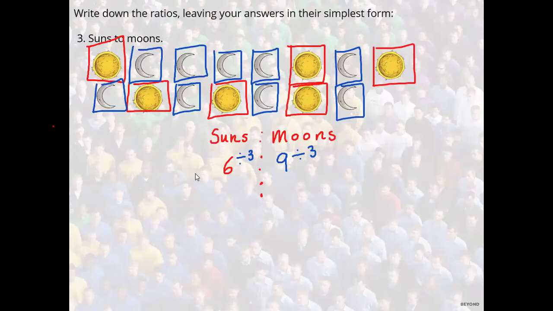And 9 divided by 3 is what? 3. Very good. So it's 2 to 3.